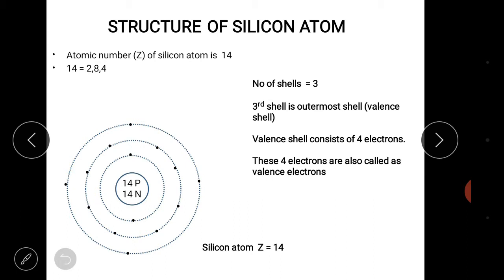So the electronic configuration of the silicon atom will be 2, 8, 4. That is, the number of shells will be 3, and the third shell is the outermost shell, which is also called the valence shell. The valence shell consists of 4 electrons, and these 4 electrons are called valence electrons.